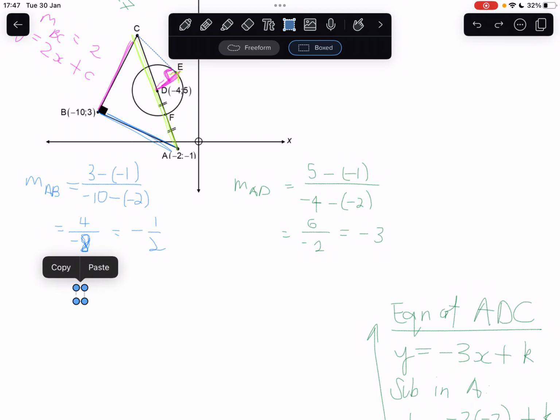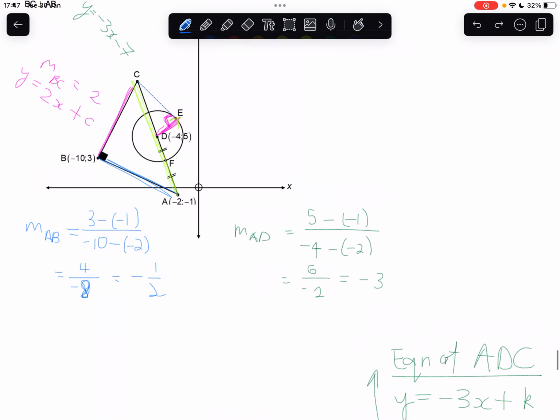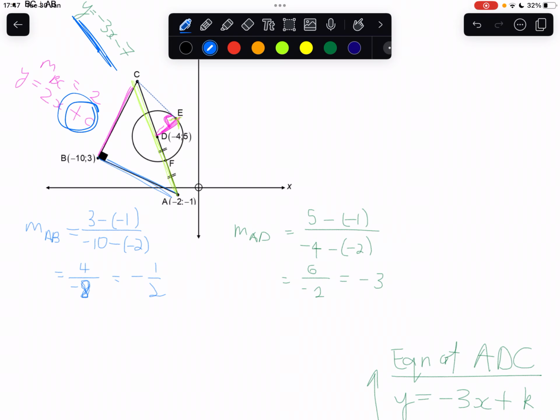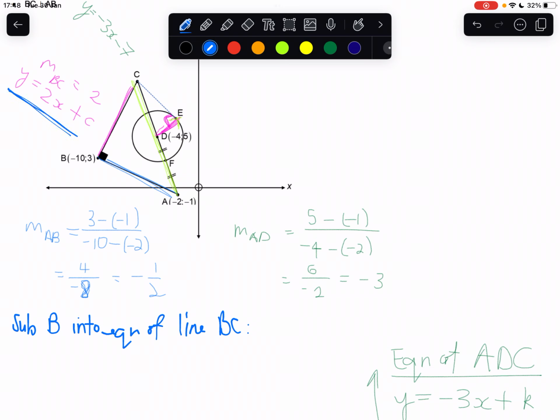I'm not really mad. Okay, so we are trying to figure out what this is because we know what that is. If we can find the point of intersection between these two equations, then we have found the coordinates of C. So, sub B into the equation of line BC. We know that it's y equals 2x plus something, and we need to find out what the something is.